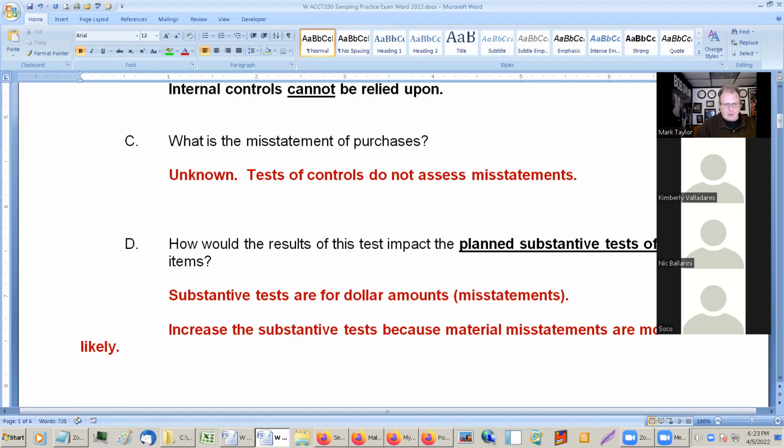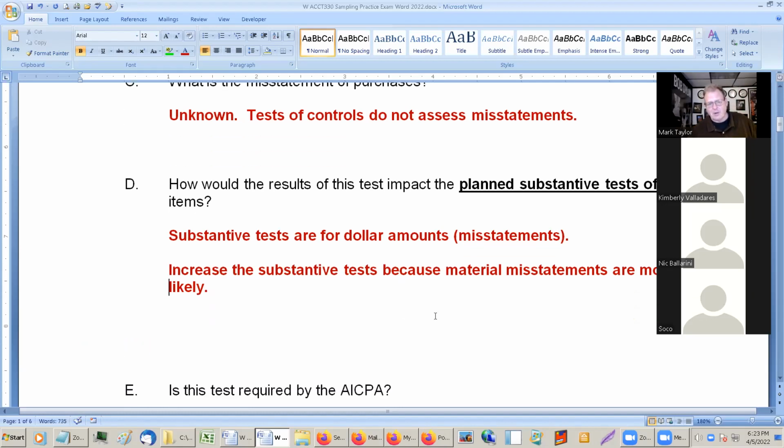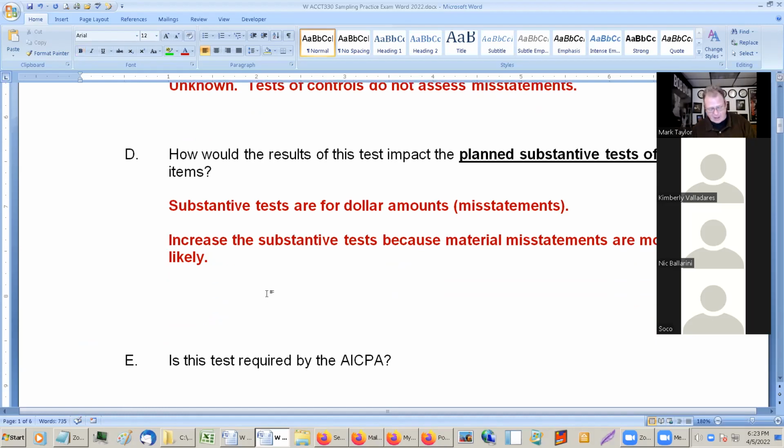So material misstatements are more likely. Again, it doesn't necessarily mean that they are materially misstated, but it means that it's more likely that they are.